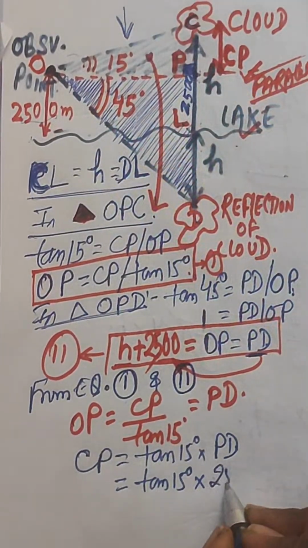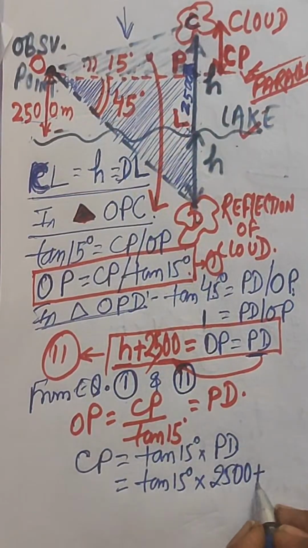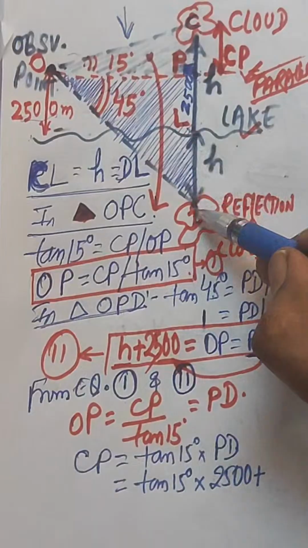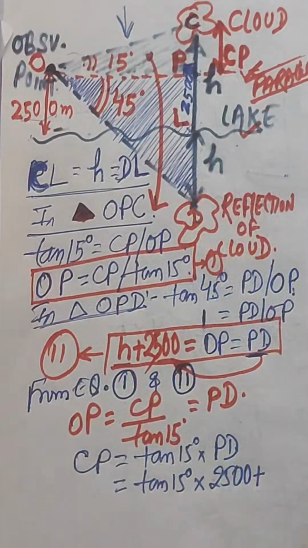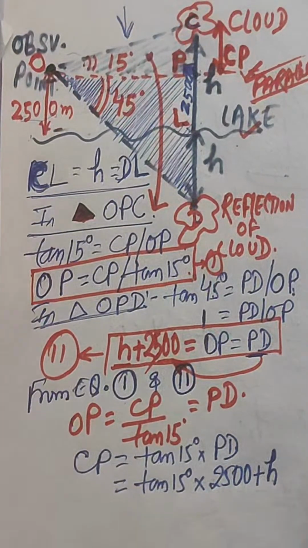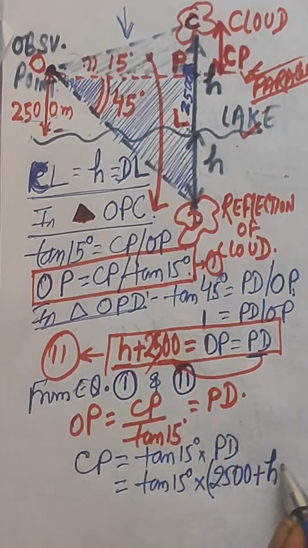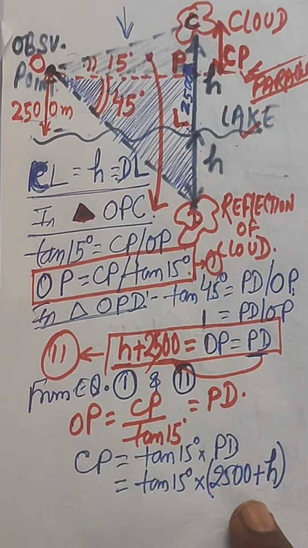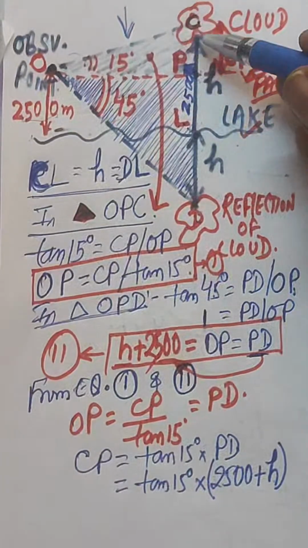So this is 2500 plus LD. That is nothing but H, the height of the reflection of the cloud. From here we get the length of CP. This is C to P.